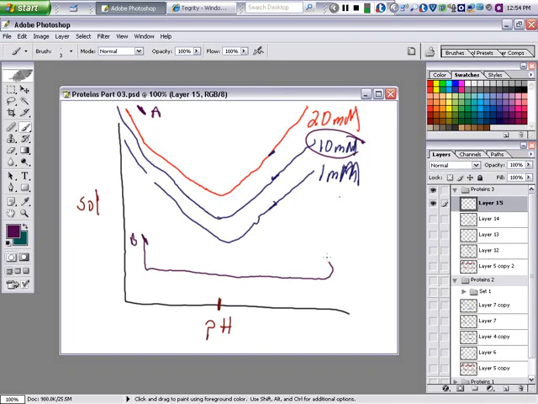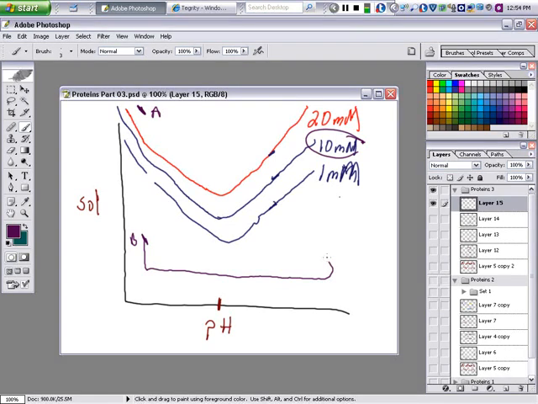Dissolving the salt takes the priority. Now there's no water, there are no hydrogen bonds left to make hydration shells around the protein. So the proteins start clumping together and they fall out of the solution. I really need you to understand that's the concept of the day. If you understand that, you didn't have to come to this lecture, but you have to get that concept. That's the main thing for today.